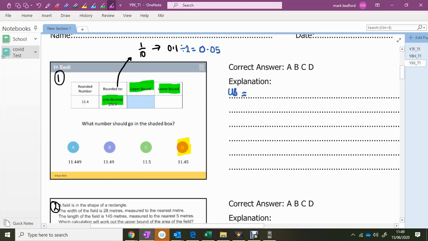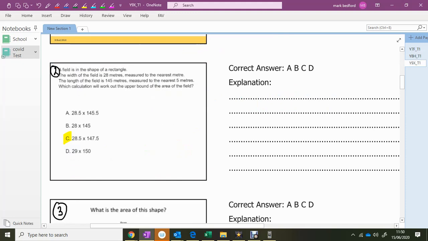Your upper bound will be equal to the 11.4 that we had added to the 0.05. We've not been asked to work it out, but if we were, the lower bound would be 11.4, and this time we would take away our 0.05. But in either case, that's why the answer is D.